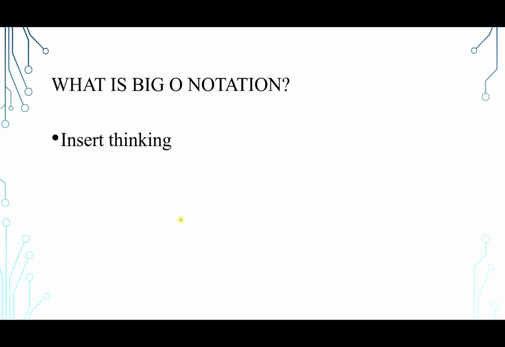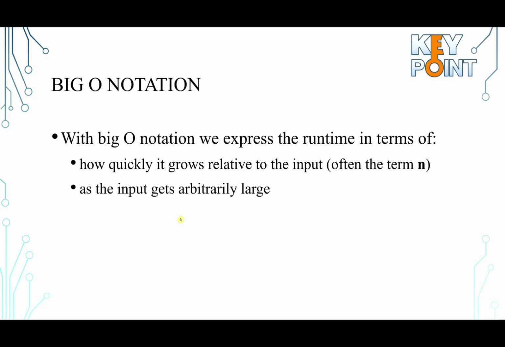So what is big O notation? With big O notation, we express the runtime in terms of how quickly it grows relative to the input. And usually the input, we express that in terms of n, as the input gets arbitrarily large.